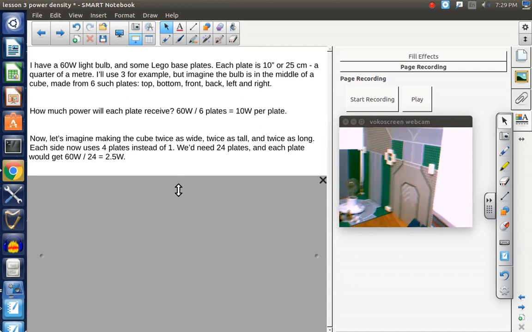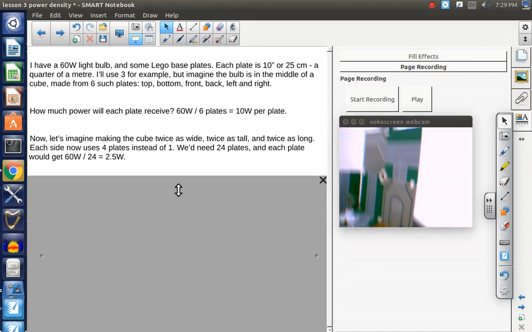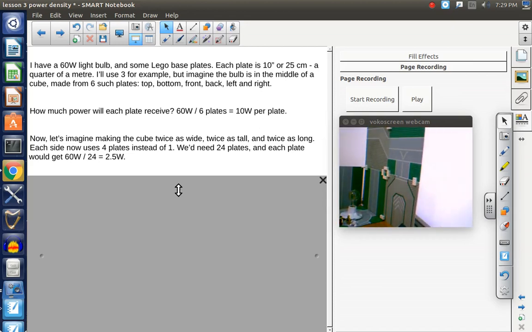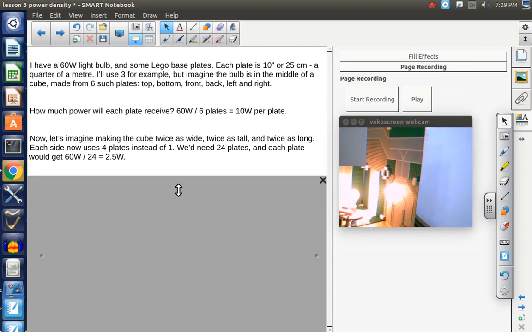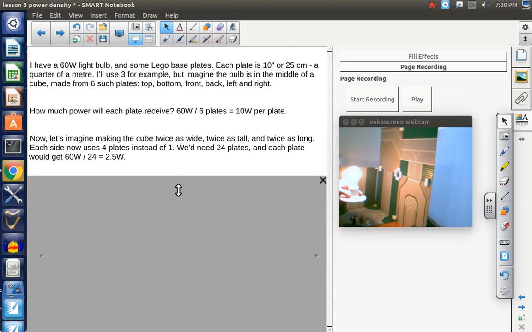And I'll back my camera up so you can see 4 plates. Now this time, instead of the light shining 10 watts on each of the 6 plates, you can imagine I've got 4, 4, 4, 4, 4 on every side. I'm going to have 24 plates total. And I just reposition the light bulb in the middle of this larger cube.